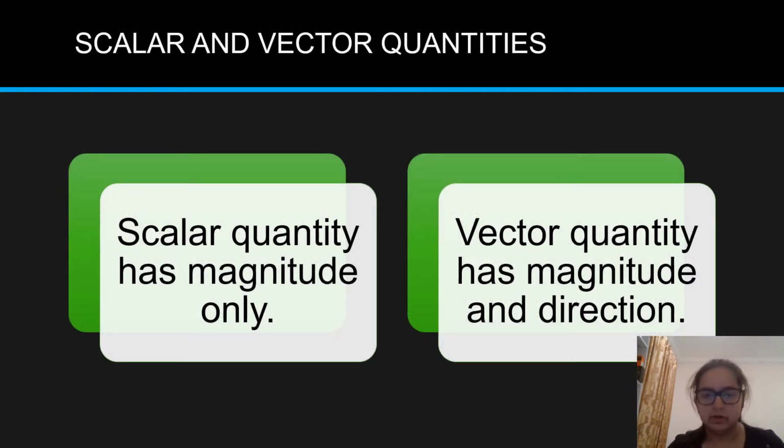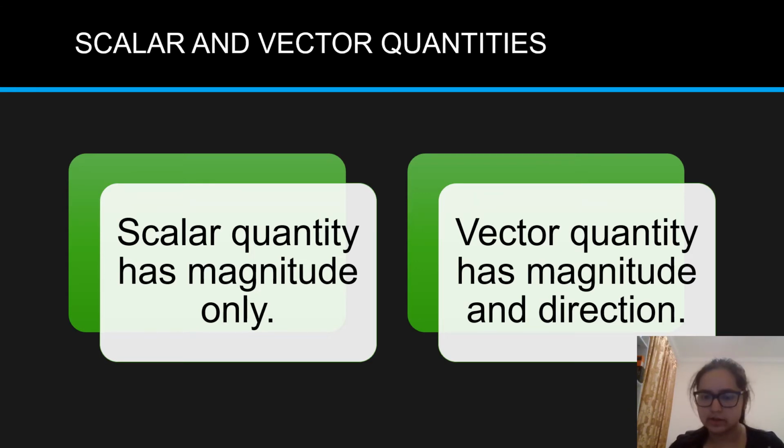Scalar and vector quantity. A scalar quantity has magnitude only. Magnitude is basically the size. It can be the size of the force, the speed of an object, that way. And a vector quantity has magnitude and direction, which means you need to tell the number as well as in which direction it is acting.